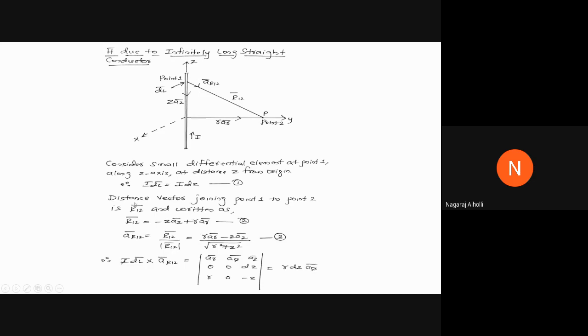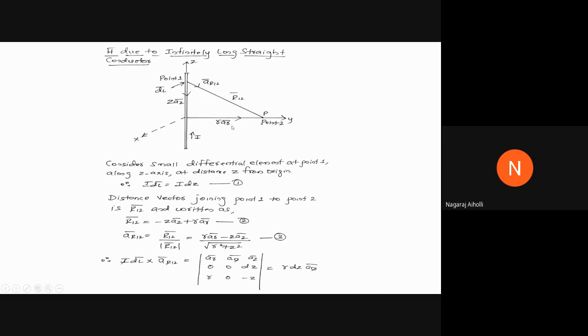Okay. The distance vector joining point 1 to point 2 is R12 bar, the distance vector here from point 1 to point 2. How do we find this R12 bar?